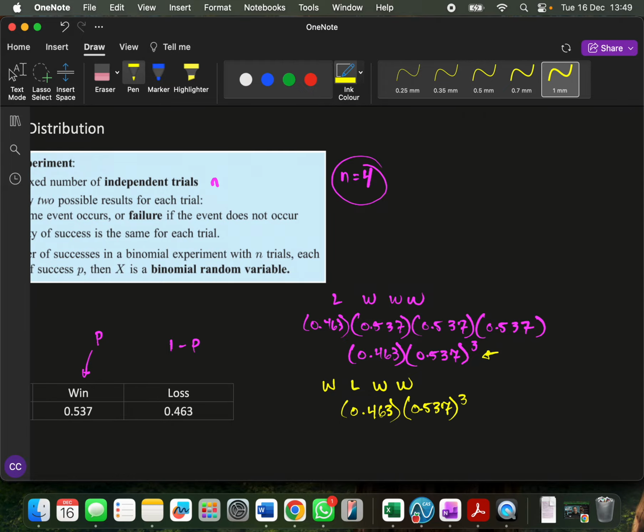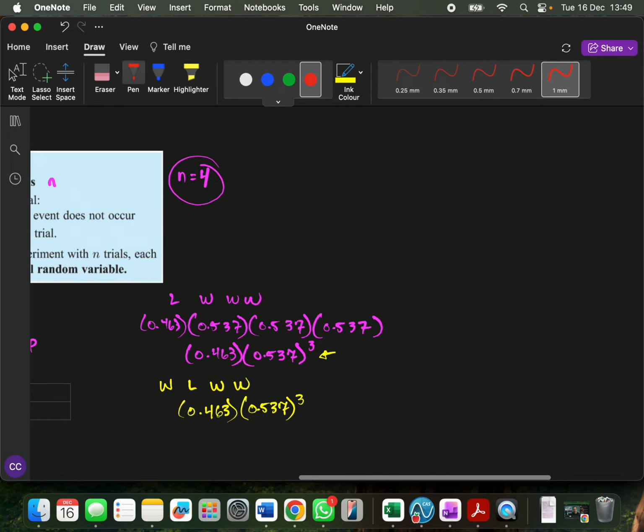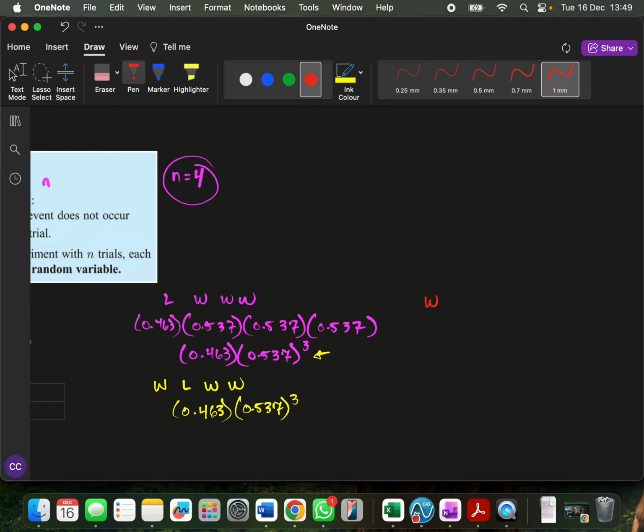Another way this could have happened would be 2 wins, a loss, and then another win. Again, that's just 0.463 times 0.537 cubed. And the last one would be win the first 3, lose the last, leaving me with 0.463 times 0.537 cubed.